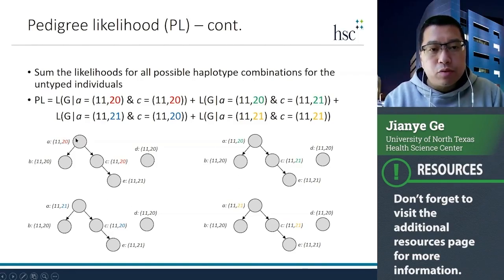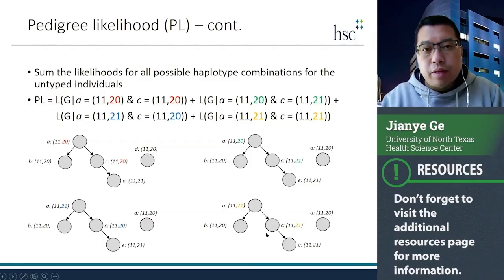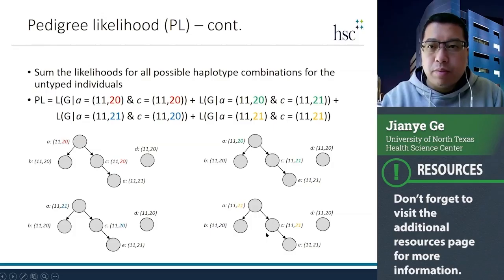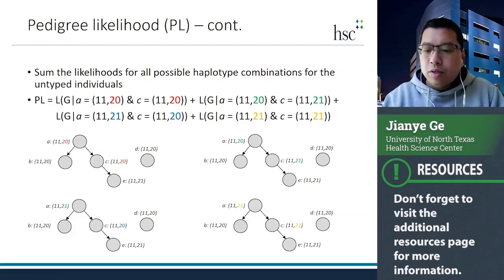Each untyped individual has two possible haplotypes. Then in total, we have 4 different scenarios. Then we calculate the pedigree likelihood for each scenario and sum them up, and we get the pedigree likelihood. So as you can see, this is not an easy calculation that you can do by hand. And that's why we want to develop software to assist our DNA analysts to do that calculation.